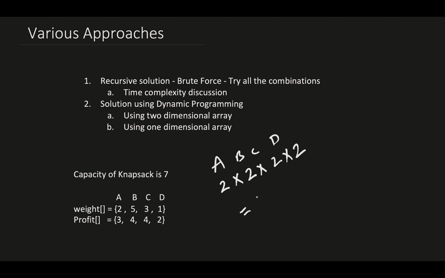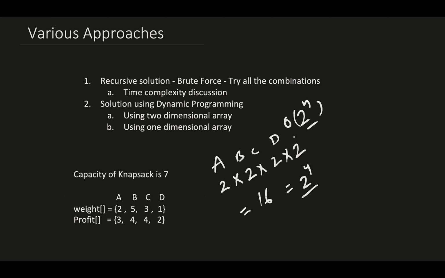So now there are 16 possibilities, that is 2 raised to power 4 combinations. If there are n items, there are 2 raised to power n combinations possible. So the complexity of this brute force solution is order of 2 raised to power n, that is an exponential one.